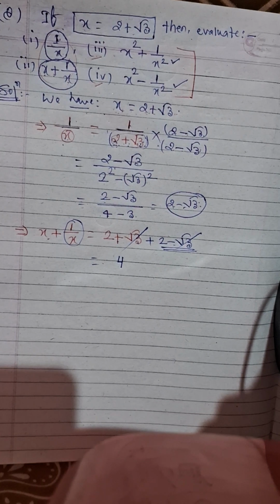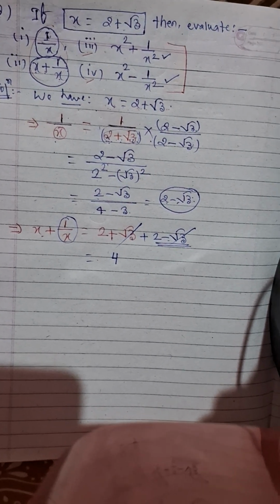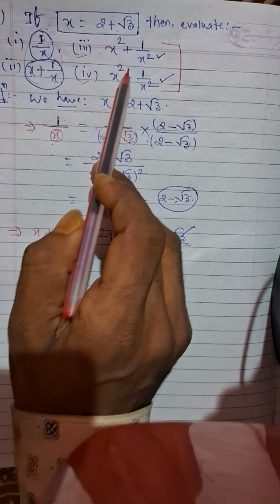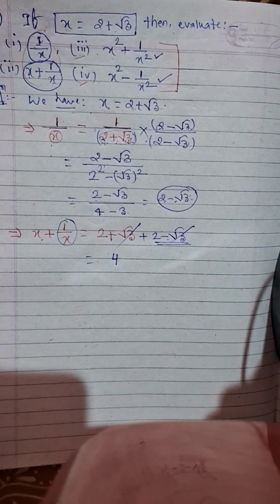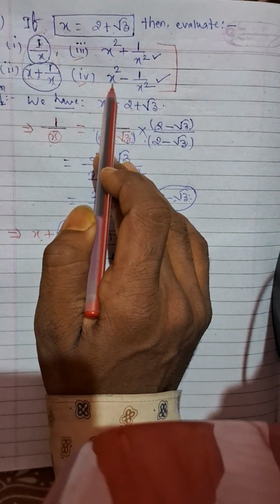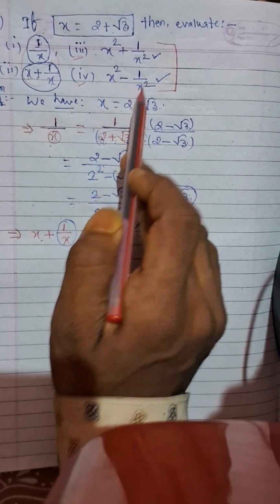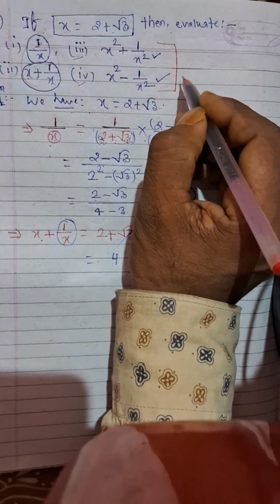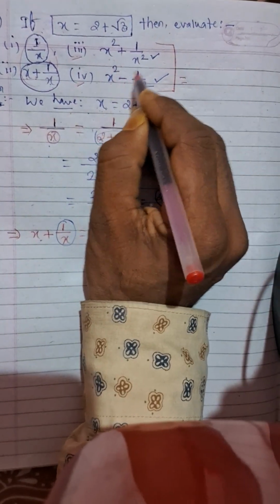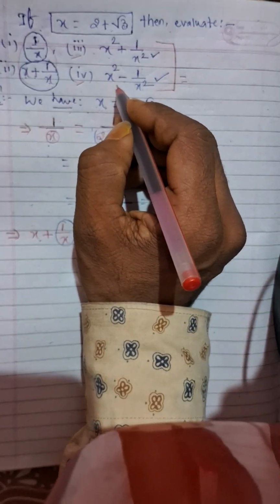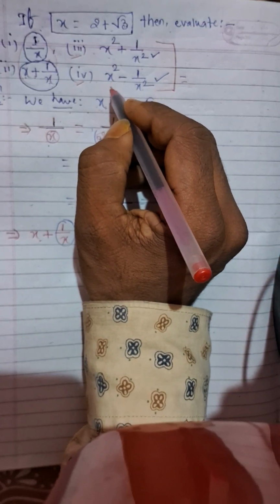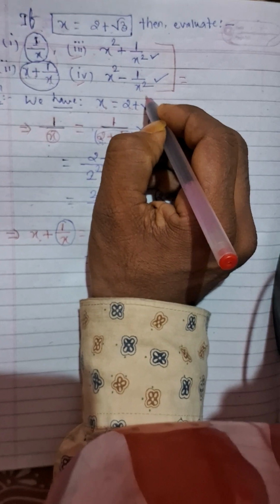Now we are going to compute the value of x square plus 1 over x square, and finally we will calculate the value of x square minus 1 over x square. x square minus 1 over x square is of the form a square minus b square.